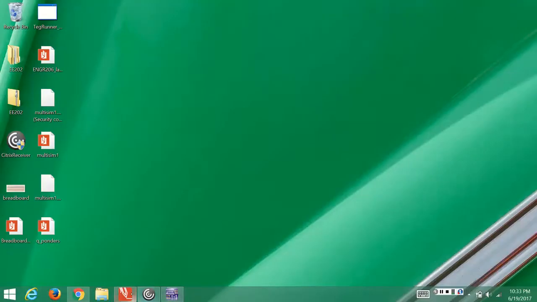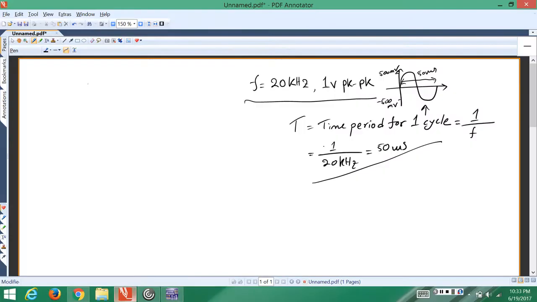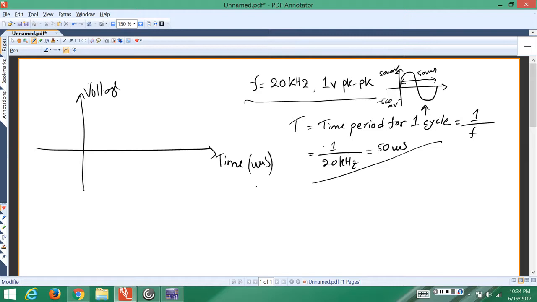Ideally, this is what is expected. Once you put down the oscilloscope across the resistor and the voltage source, you should be seeing something like this. We have the oscilloscope screen where you have the voltage as the y-axis and time in microseconds as the x-axis, and once you plug it in, the voltage source will have a waveform like this.